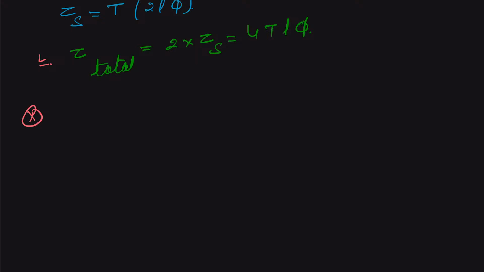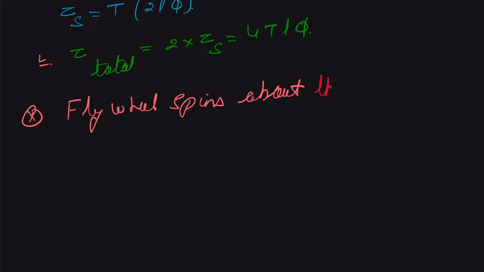So we can say that the flywheel spins about its axle with angular speed omega naught.